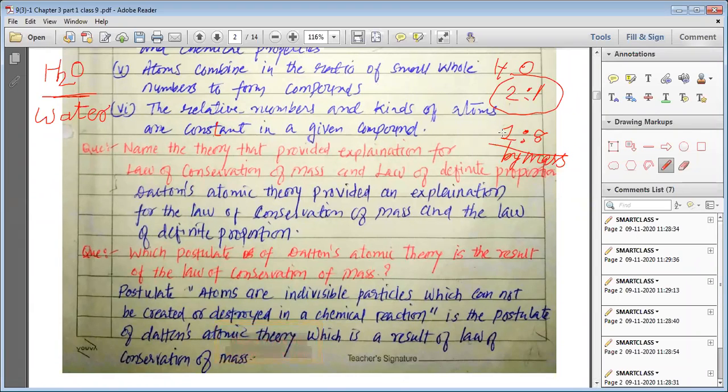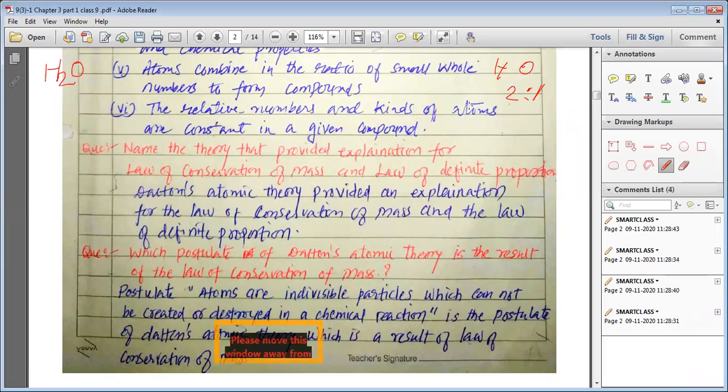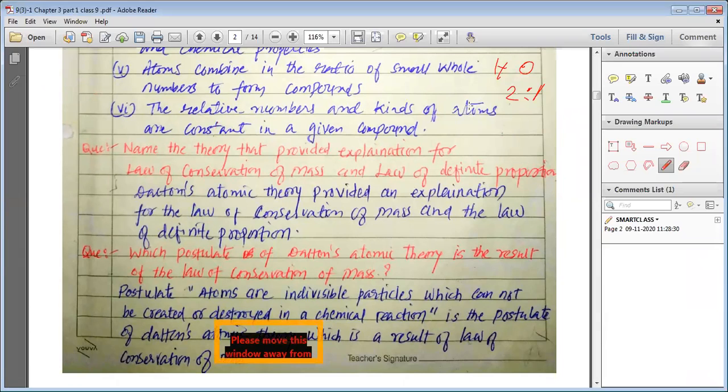So these are the important points of Dalton's atomic theory, my dear students. Please learn all the points of Dalton's atomic theory. They are very important. Now let's look at the next question.